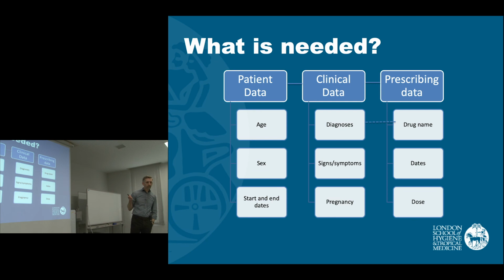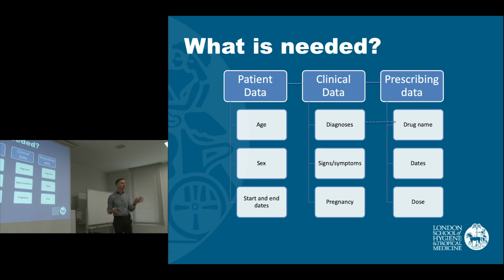So in order to do this, we need to have access to population level data that's suitable for doing this kind of research. And broadly speaking, for this question, we could split this up into three kinds of data. So first of all, we've got patient level data. We'd want to know the age and the sex of patients amongst our data, because we want to know about women of childbearing potential.